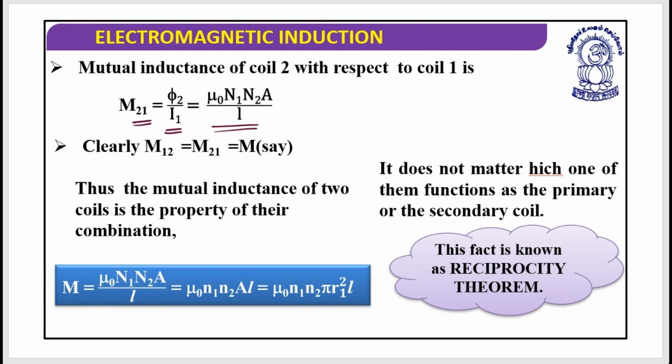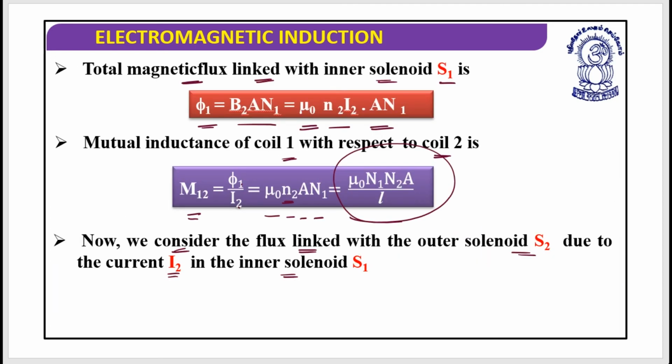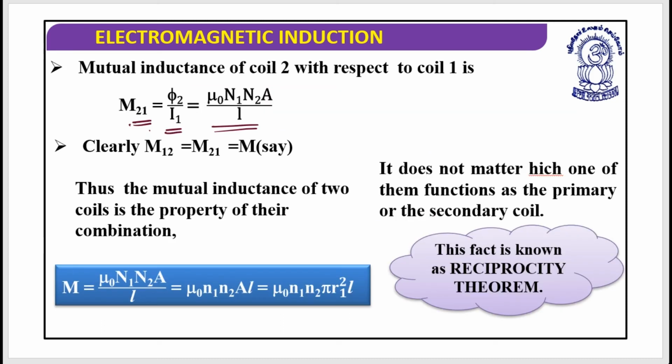If you look at this M21 and at M12, M12 is mu naught N1 N2 area divided by length, and M21 is mu naught N1 N2 A divided by L. So from this we can say that M12 and M21 are the same.